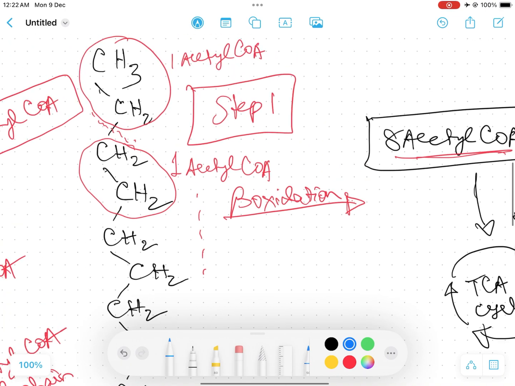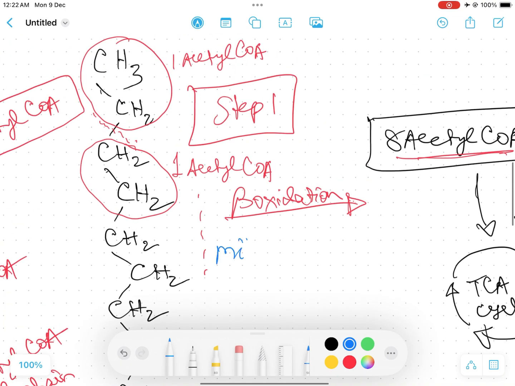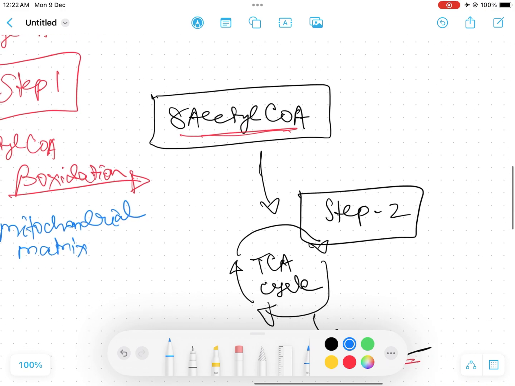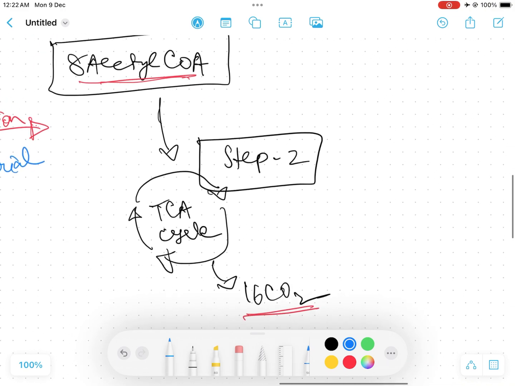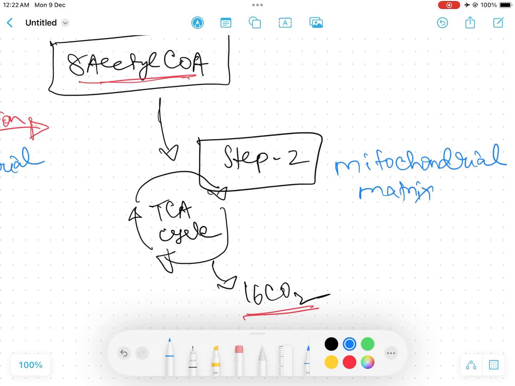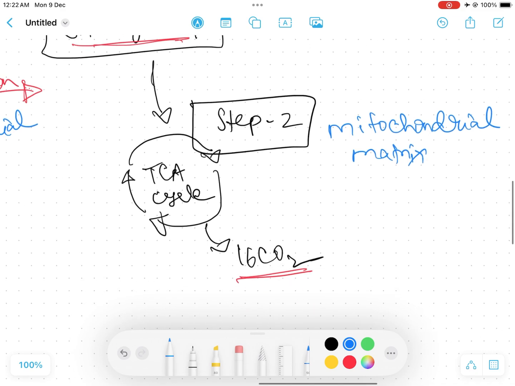which takes place in the mitochondrial matrix. So step 1, beta oxidation, occurs in the mitochondrial matrix. And the second step, where acetyl CoA is converted into CO2, also takes place in the mitochondrial matrix. So what is the significance of this step?